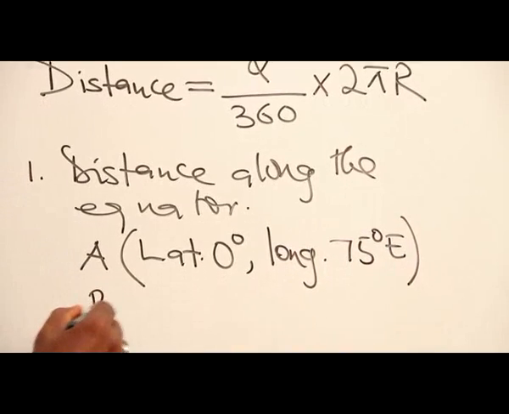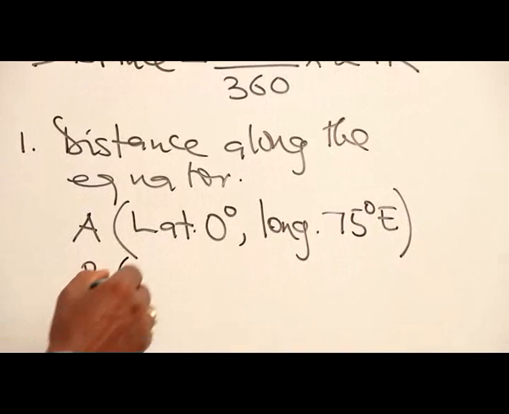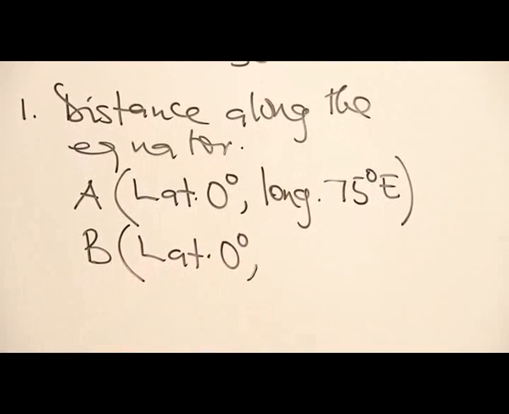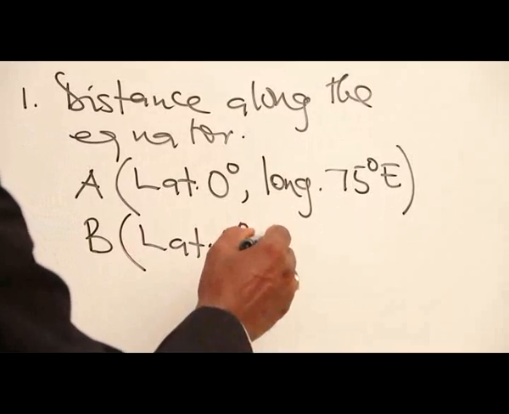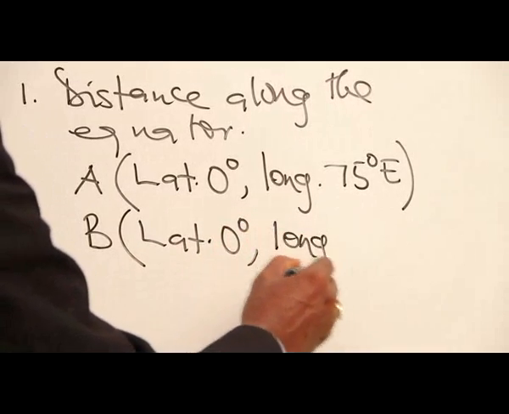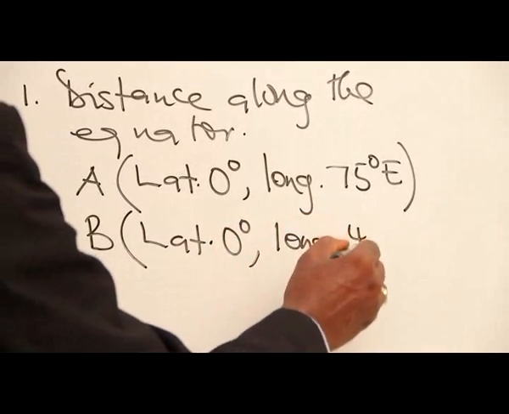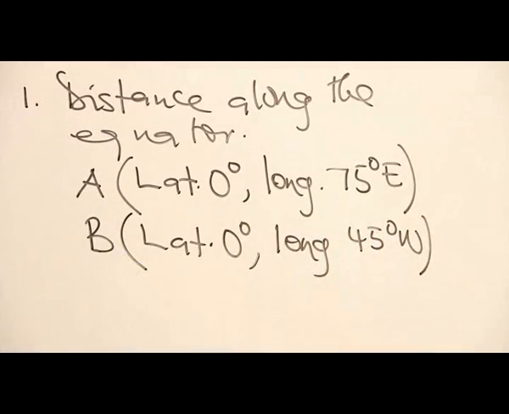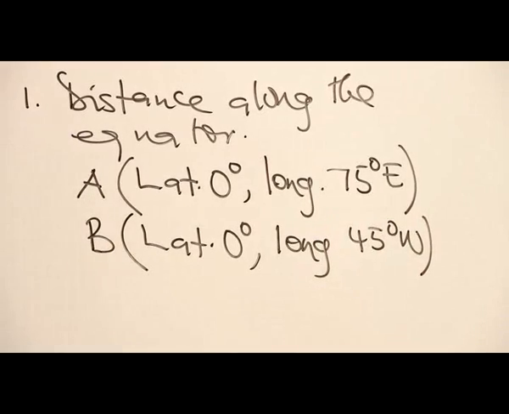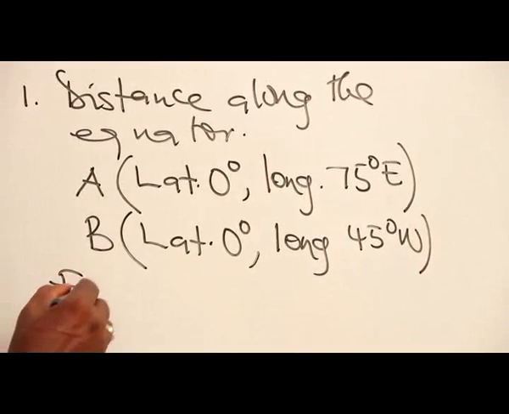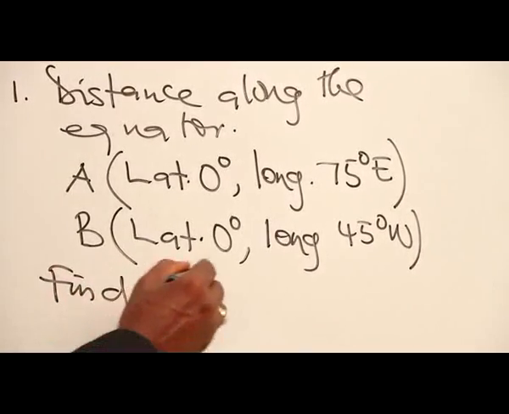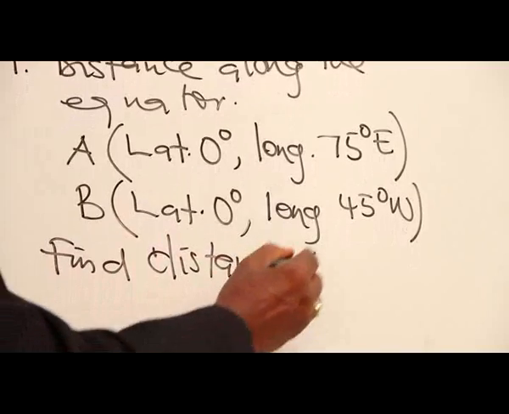And then there's another place B on the equator, also defined by latitude 0 degrees, and this time around, let's say the longitude is 45 degrees west. Now, we are required to find the distance AB.